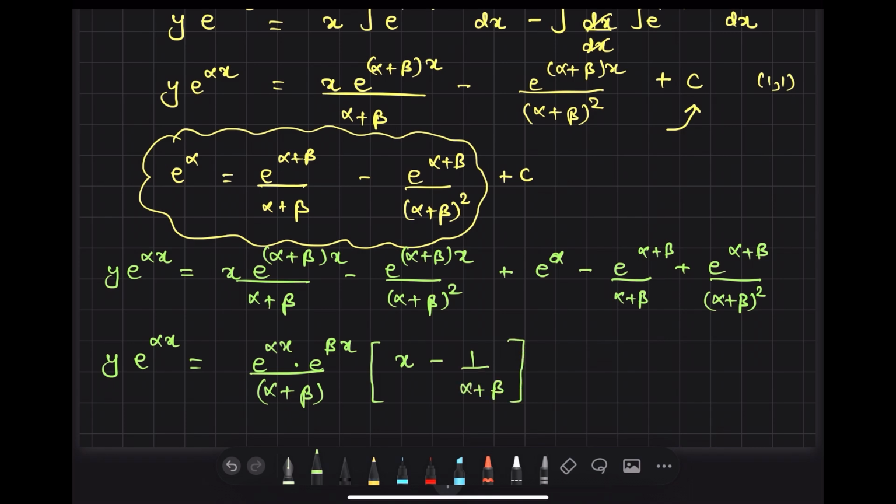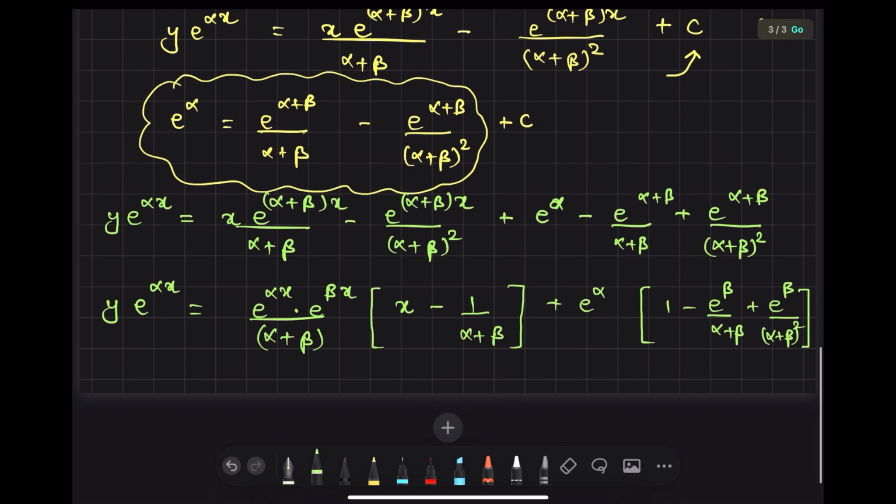So this is the first part, and then plus e power alpha I will take common. So we will have 1 minus e power beta upon alpha plus beta, plus e power beta, and then we will have alpha plus beta square. Be patient, have patience. You're about to get the answer.